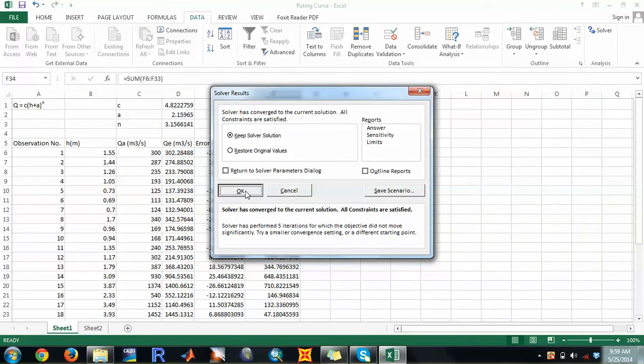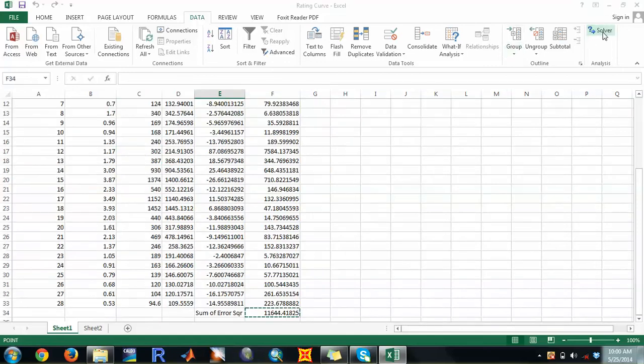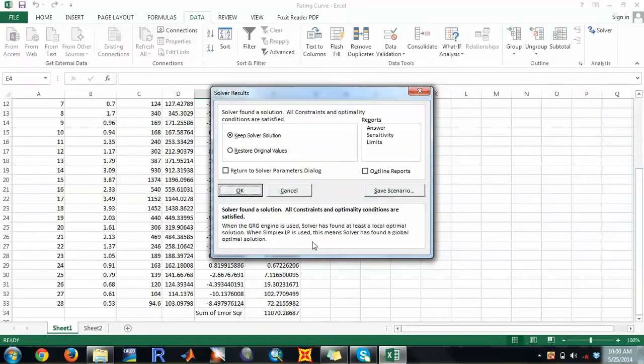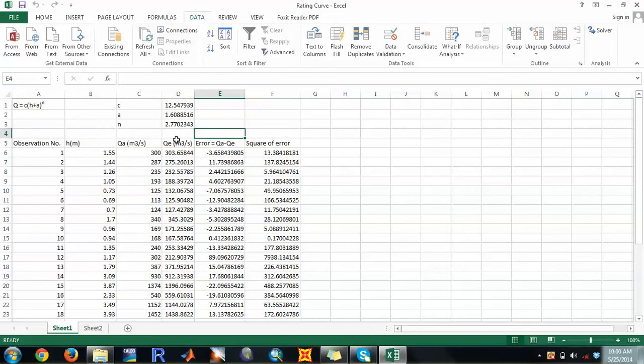This is the first iteration. With the first iteration, this is 300, this is 302, this is close, and this is also good. So we can try another step. You use the same input data, go to Solver, say solve, and you can check your values.